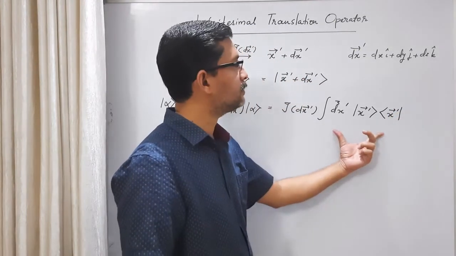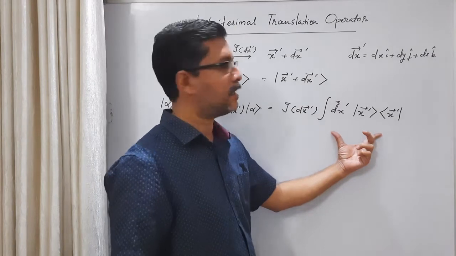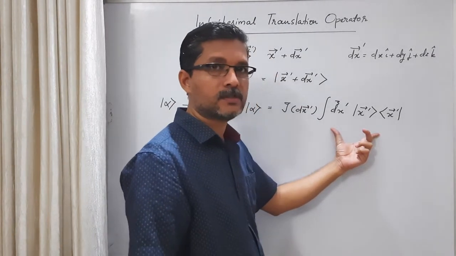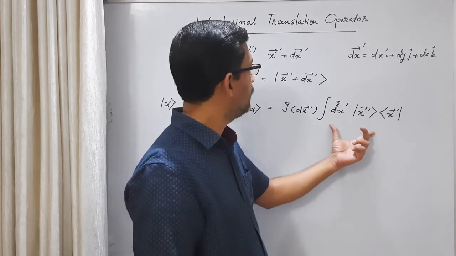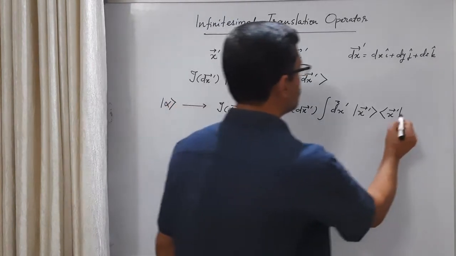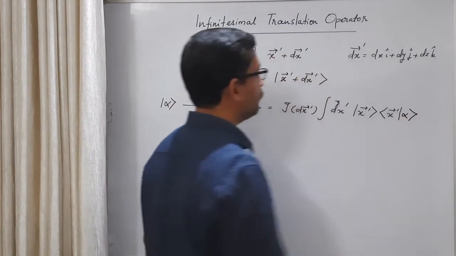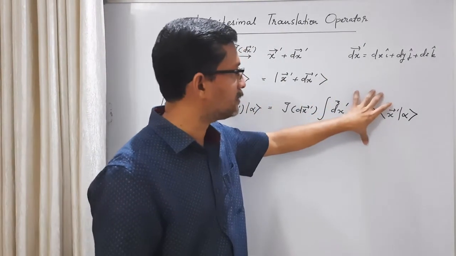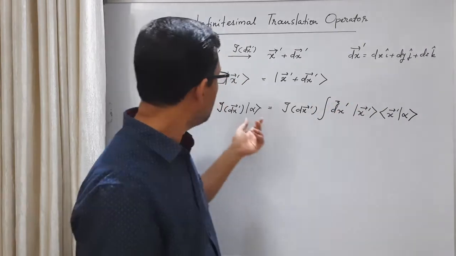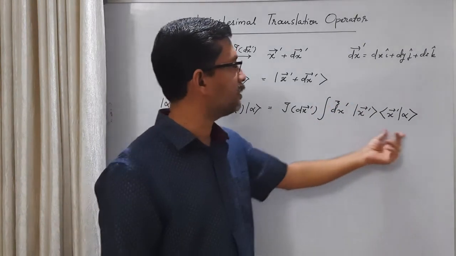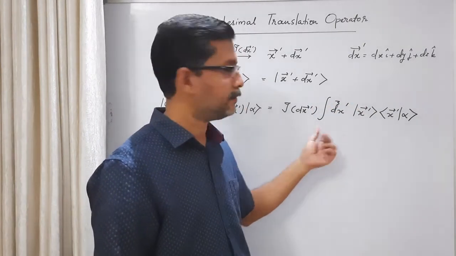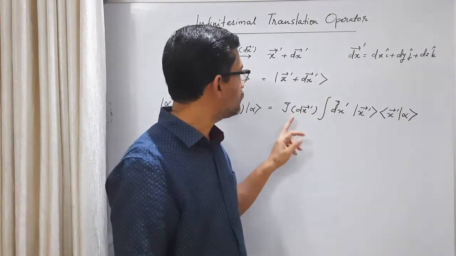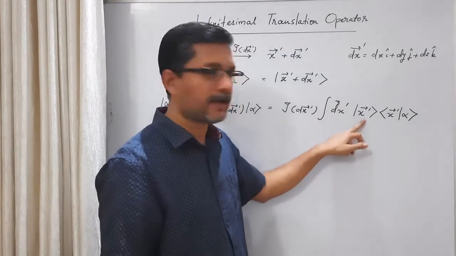This is the completeness of the position eigenkets in three-dimensional physical space, when the motion of the system is in three-dimensional physical space, and your ket alpha is also here. So this infinitesimal translation operator is acting on this ket alpha. What we have done is expand this ket alpha in terms of the position eigenkets. This bra x prime alpha is a scalar; these are the expansion coefficients. So this operator must be acting on this vector.